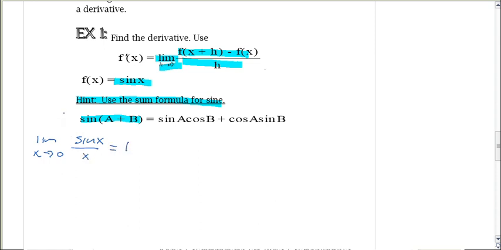And one more tool, number 3: the limit as x approaches 0 of 1 minus cosine x over x, and that equals 0. So with these three tools, we're going to hopefully be able to find the first derivative of sine x.